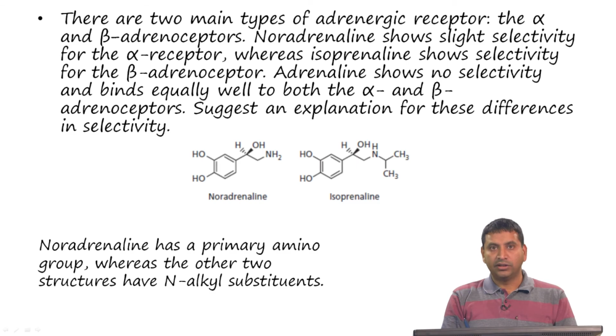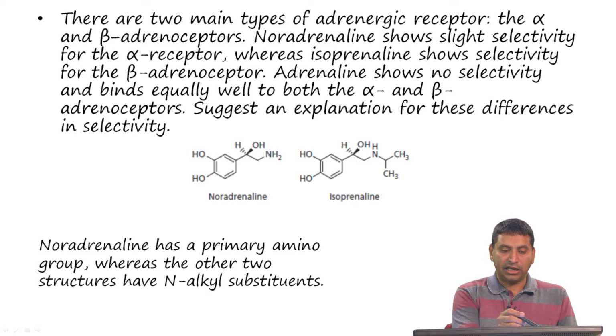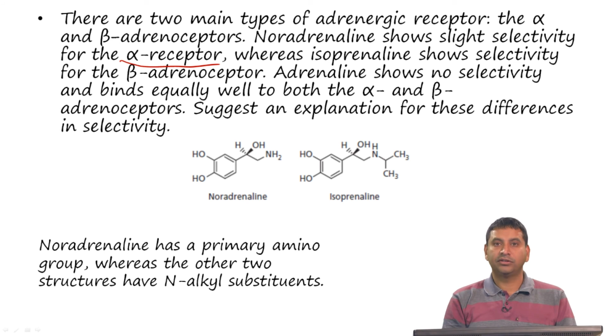The next question: there are two main types of adrenergic receptors, the alpha and the beta. Noradrenaline shows slight selectivity for the alpha receptor, whereas isoprenaline shows selectivity for the beta adrenoreceptor. Adrenaline shows no selectivity and binds equally well to both alpha and beta receptors.